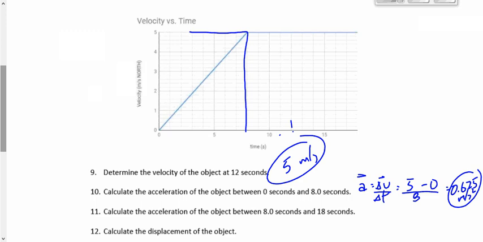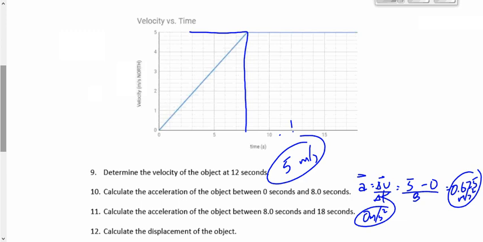What's the acceleration between 8 and 18? Who's got an answer for this one lightning fast? Acceleration between 8 and 18, Colton? 0. How'd you know that? Good. Yep. It's a uniform velocity, a uniform motion, constant velocity. It's not accelerating. Acceleration's got to be 0.